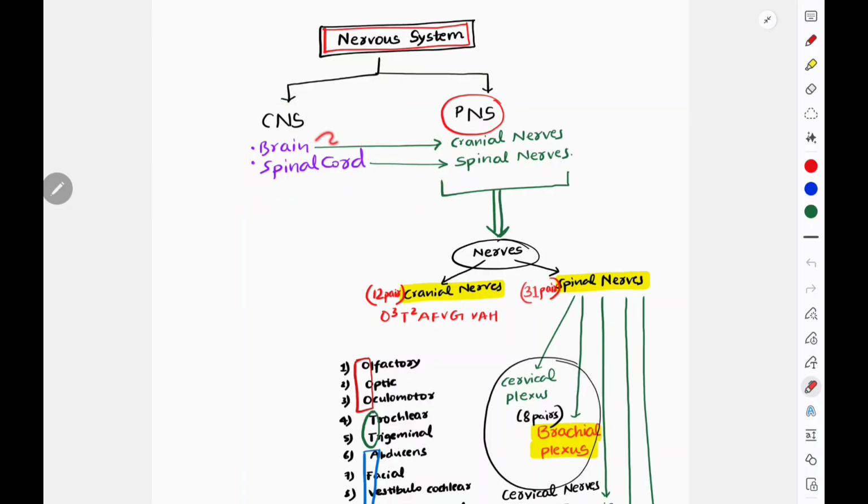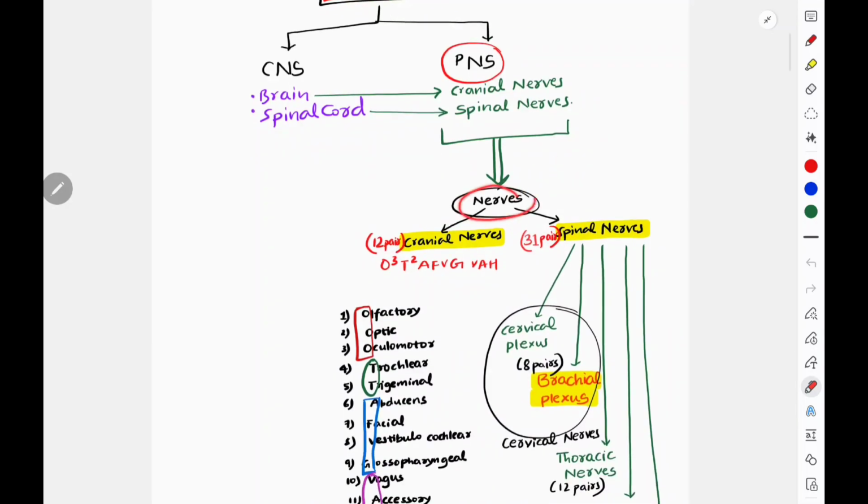From the brain, the arising nerves are called cranial nerves, and the nerves arising from the spinal cord are called spinal nerves. These nerves are the peripheral nervous system. So we have two types of nerves, cranial and spinal. There are 12 pairs of cranial nerves and 31 pairs of spinal nerves.